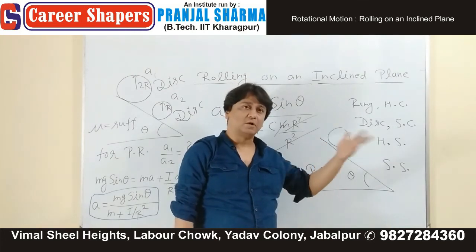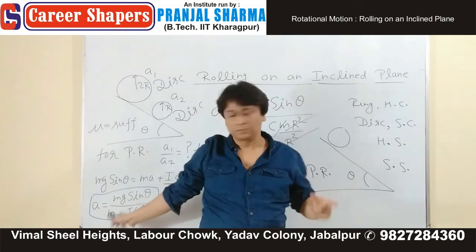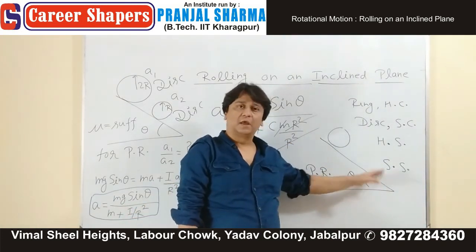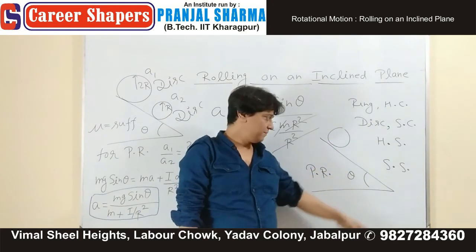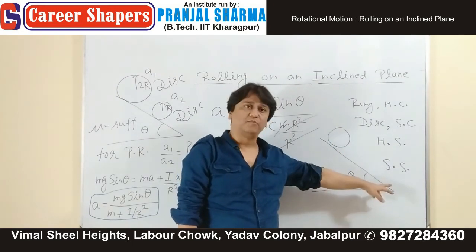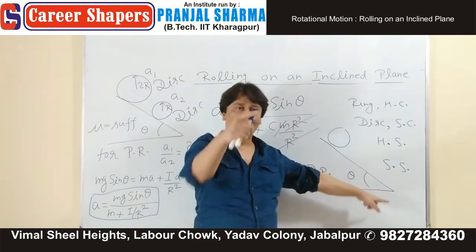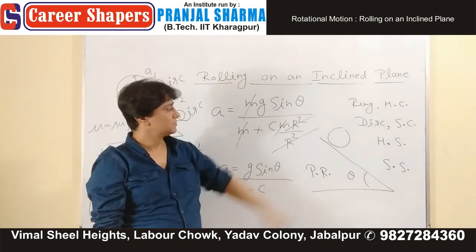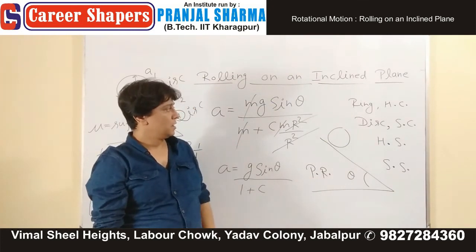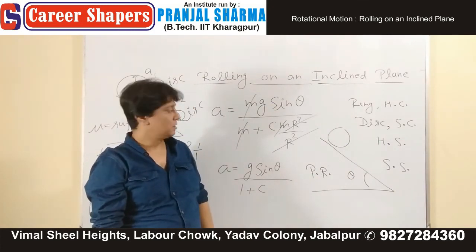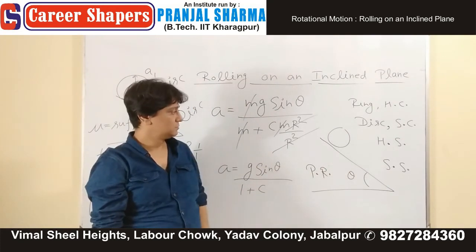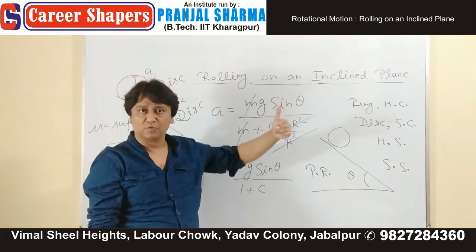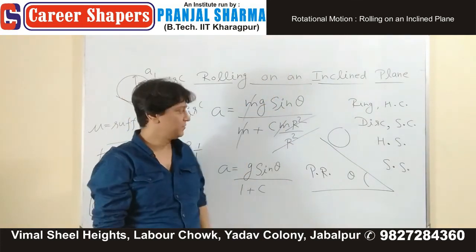Don't have to worry about mass and R. The question is, arrange these bodies in the order of reaching bottom of the incline. The first one which arrives, then second one, third, fourth and fifth.